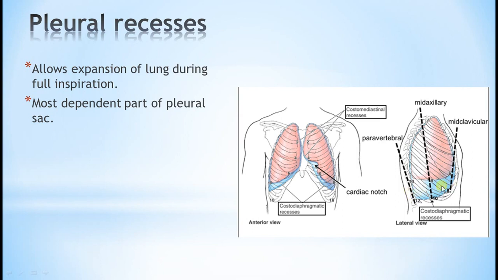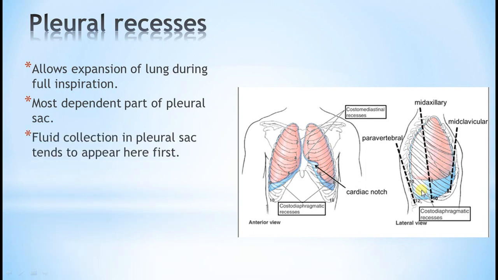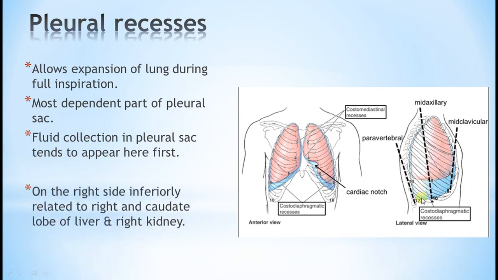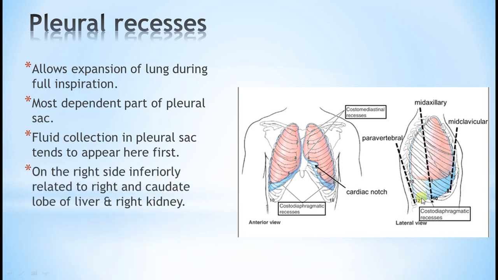Due to gravity, when you sit or stand, the fluid comes and collects here. That is why it is called the most dependent part of the pleural cavity. Fluid collection tends to appear here first, and only when this space is filled up does the accumulation spread to the other spaces.